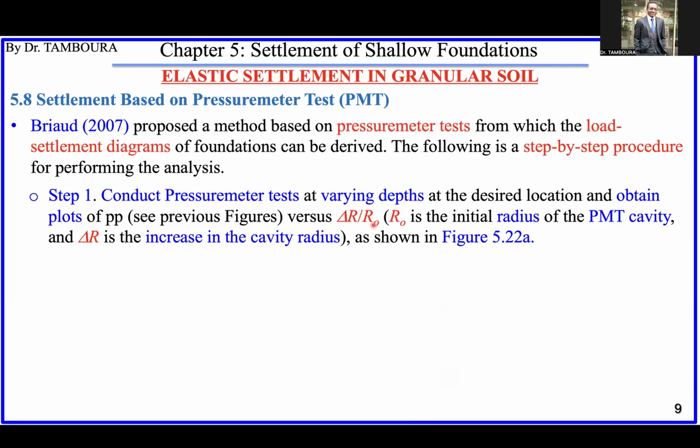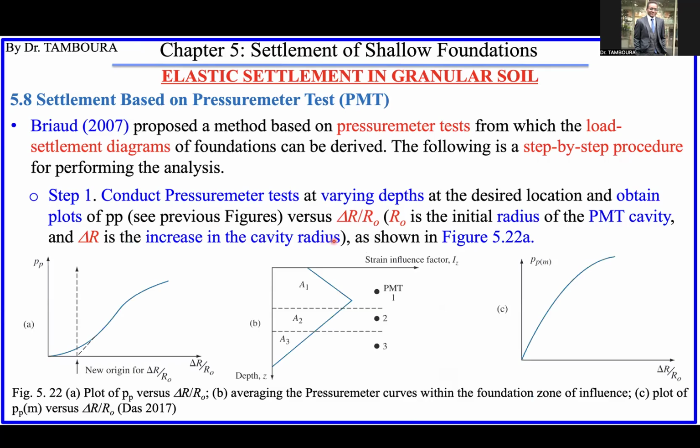It's similar to the one I just showed you in the previous slide, but here instead of volume, we are using the change in the radius of the pressuremeter cavity. The shape is similar to the one we saw in chapter 2. Please ignore these other curves for now.